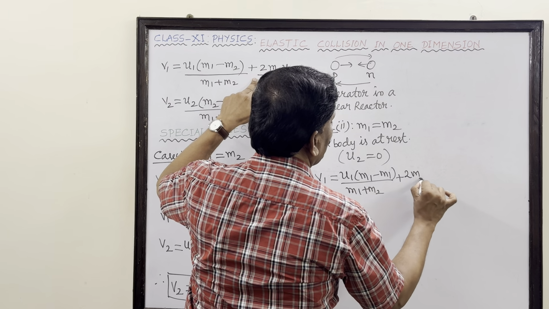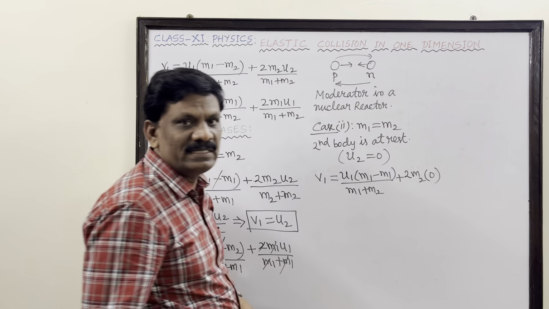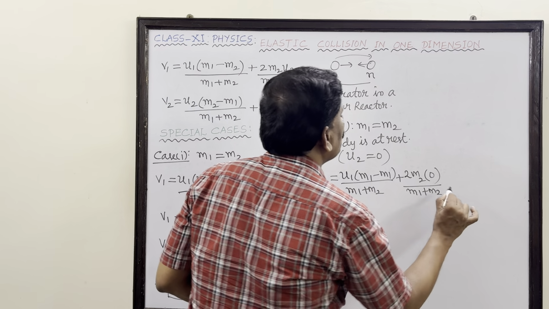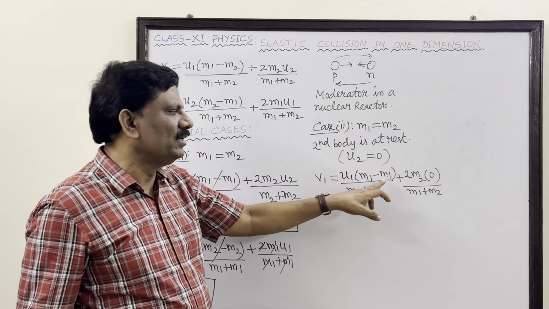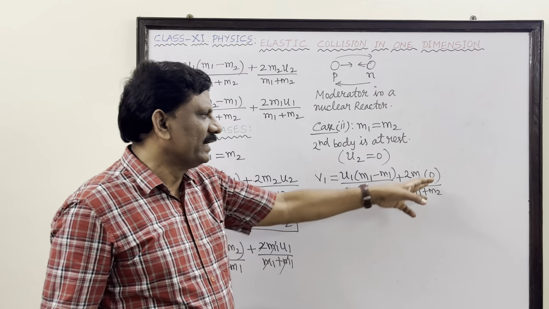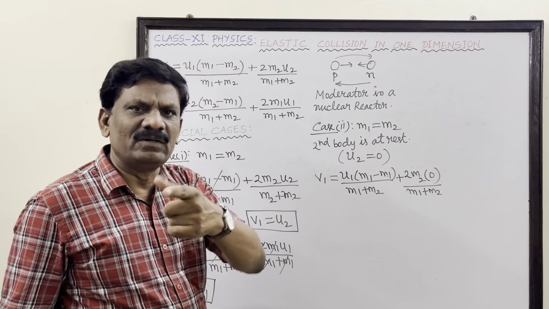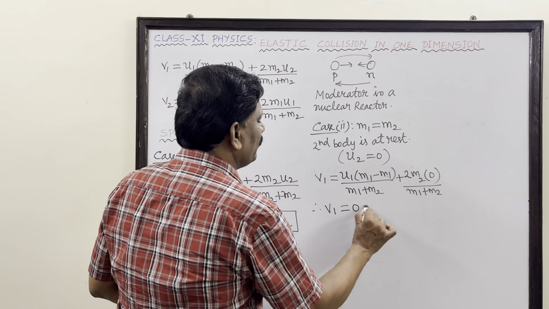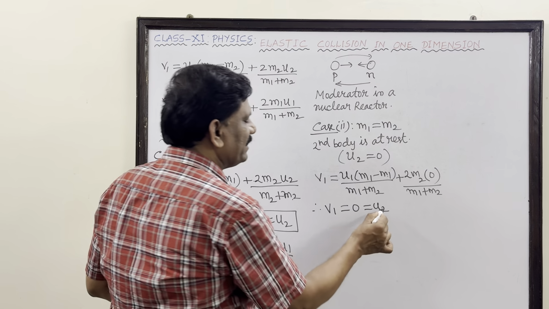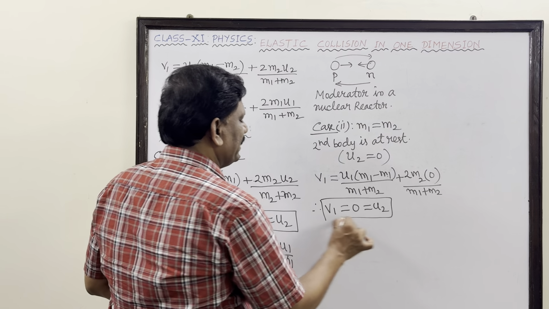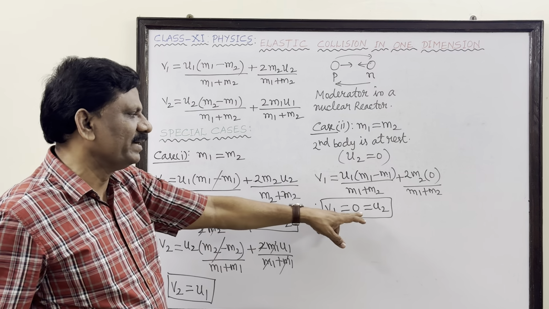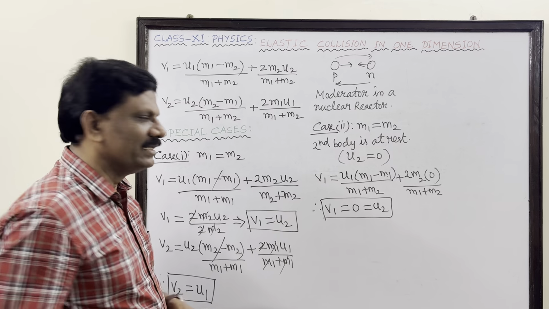So 2m2 into u2 is 0, divided by m1 plus m2. m1 minus m1 also is 0. The second term multiplied by 0 is also 0. Therefore v1 is equal to 0, which is equal to the initial velocity at rest. So it is an extended case: the previous case extended by taking u2 equal to 0.